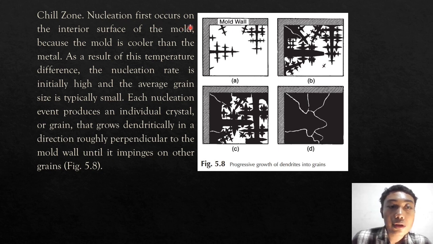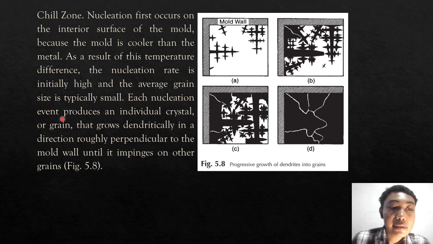Nucleation first occurs on the interior surface of the mold because the mold is cooler than the metal. As a result of the temperature difference, the nucleation rate is initially high and the average grain size is typically small.